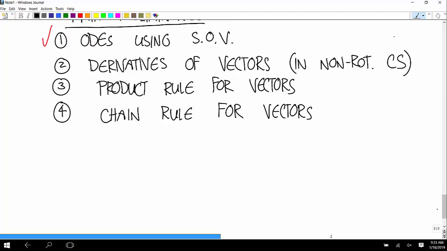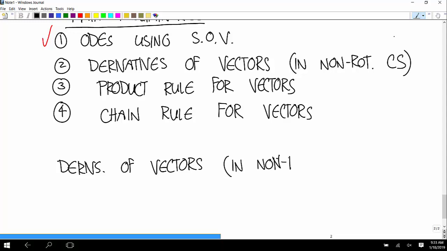Okay, so the next one is derivatives of vectors in non-rotating coordinate systems. And all you do is take the derivative of each individual component of the vector independently.